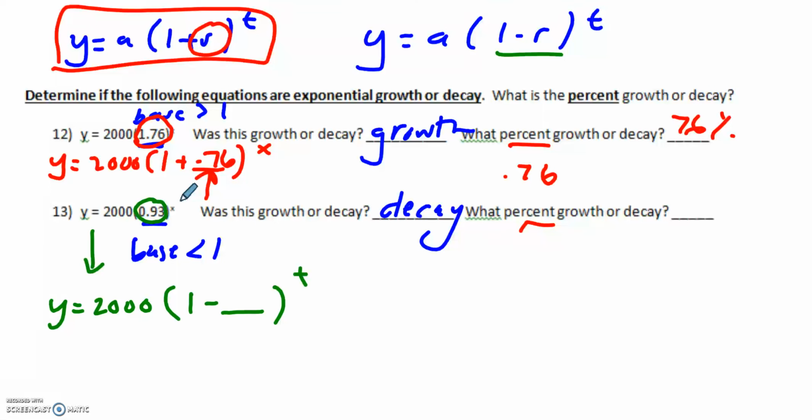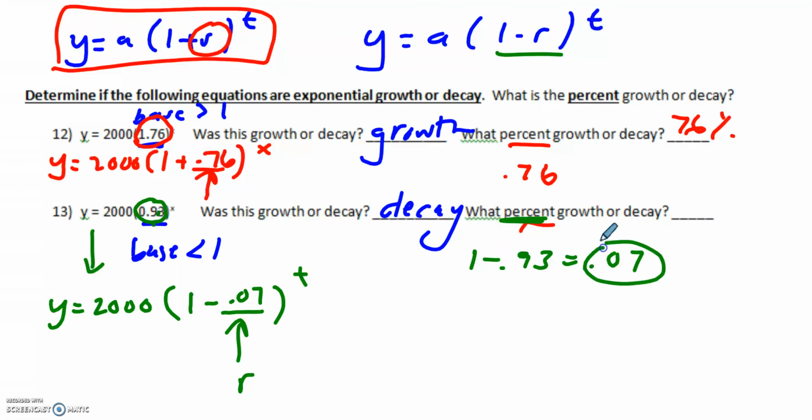So if, in your calculator, you take 1 minus 0.93, I'm going to write a little note over here. 1 minus 0.93 is equal to 0.07. So if you think backwards, to get 0.93, I'd have to do 1 minus 0.07, which means that this again is my rate, and so my percent or rate of decay is 0.07, which is really 7%.